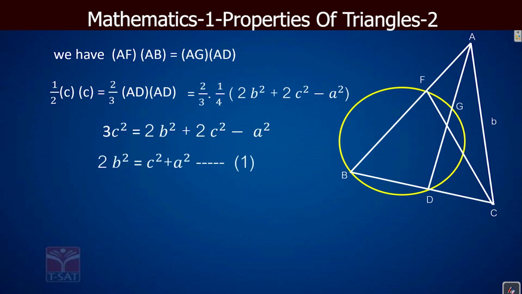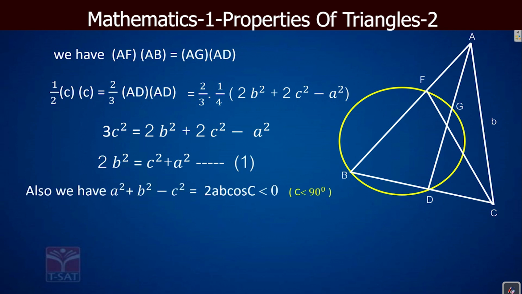So from that what you get is 3c square is equal to 2b square plus 2c square minus a square, or 2b square is equal to c square plus a square. 2b square is equal to c square plus a square, number 1. Also you have a square plus b square minus c square is equal to 2ab cos C, and you are given angle C is obtuse. So 2ab cos C is less than 0.